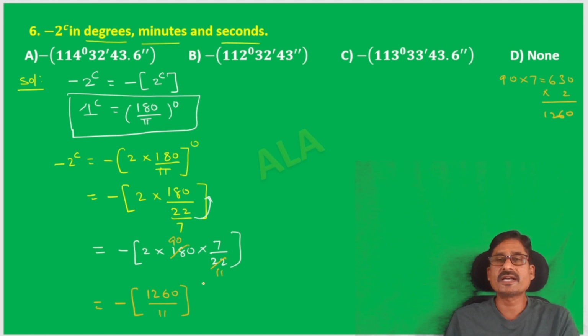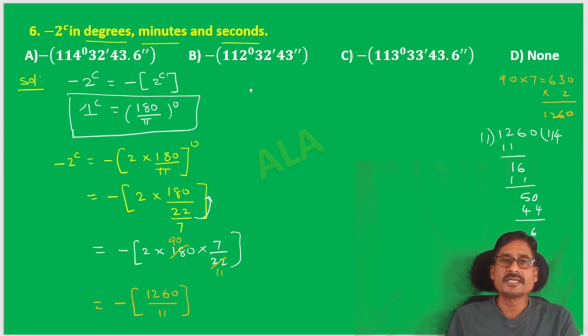This 1260 divided by the 11. First of all, we divide the 1260 by 11. How many times? 11 ones, 11, 1 remainder. 16, 11 ones, 11, 5 remainder. Now take 50, 11 fours, 44, 6 remain.